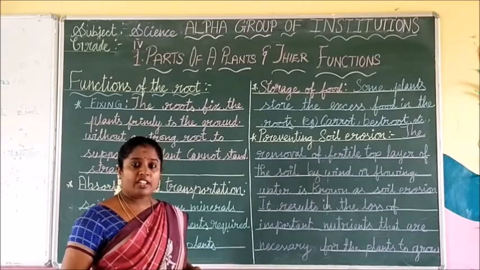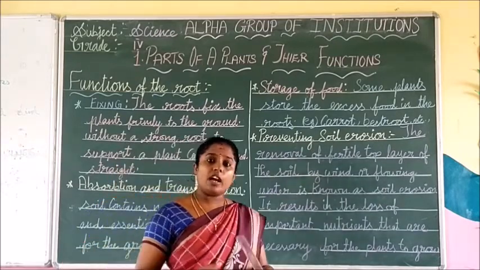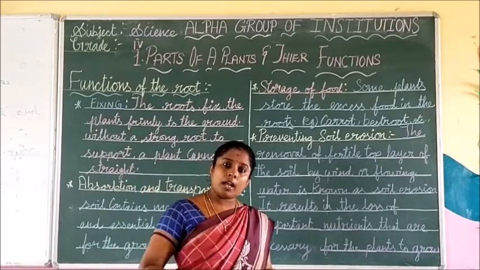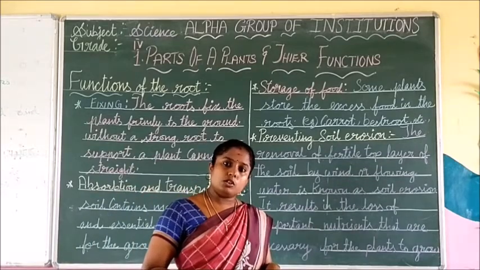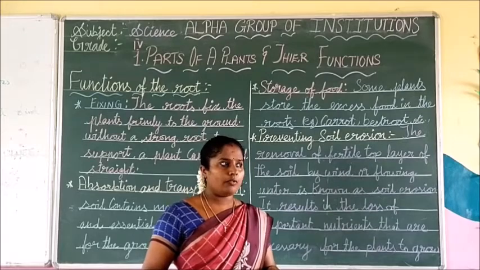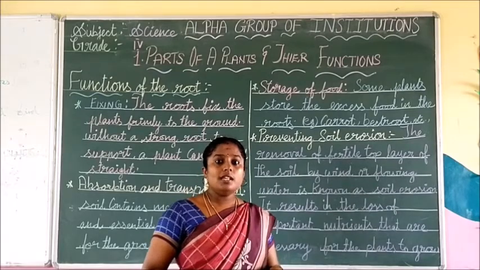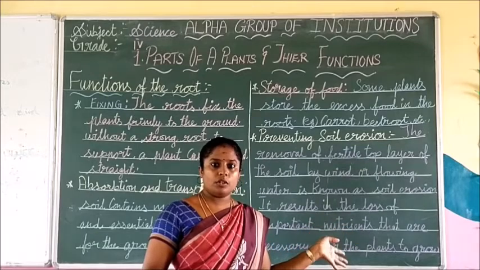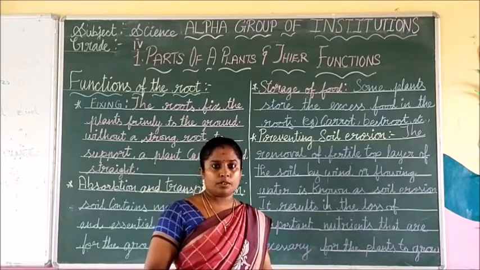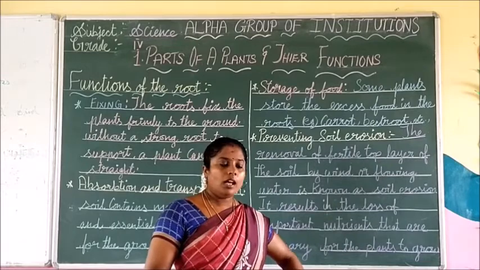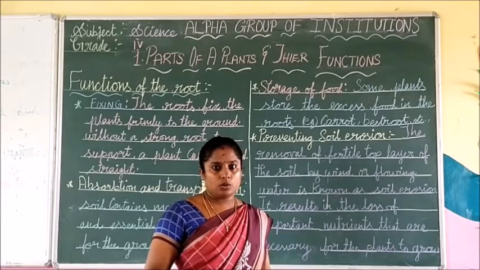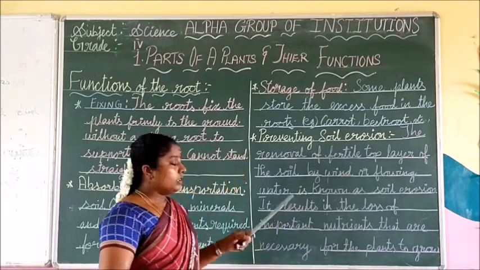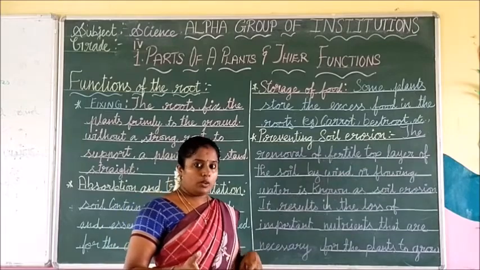To prevent that, what do we have to do? We have to plant more plants near the seashore. If you have seen some seashores, they have planted trees, which grow like climbers or creepers in the sand near the seashore. That means it avoids soil erosion.